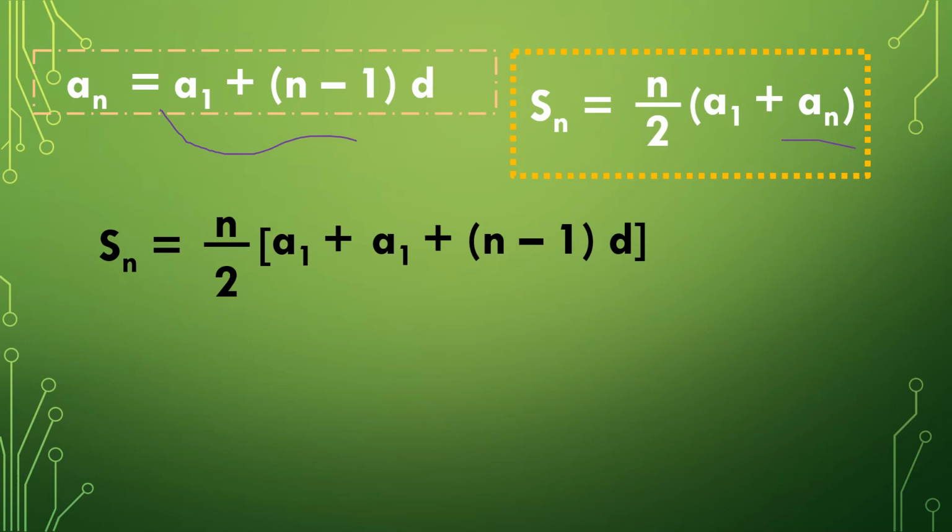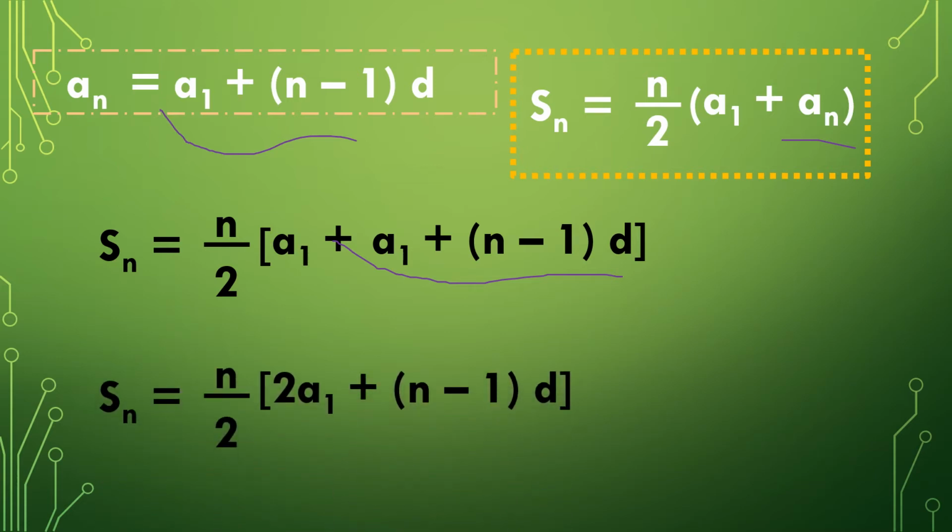We then have s sub n equals n divided by 2 times a sub 1 plus the value of a sub n, which is a sub 1 plus n minus 1 times d. We then arrive at another equation for the sum of the first n terms of an arithmetic sequence, which is n divided by 2 times 2a sub 1 plus n minus 1 times d.